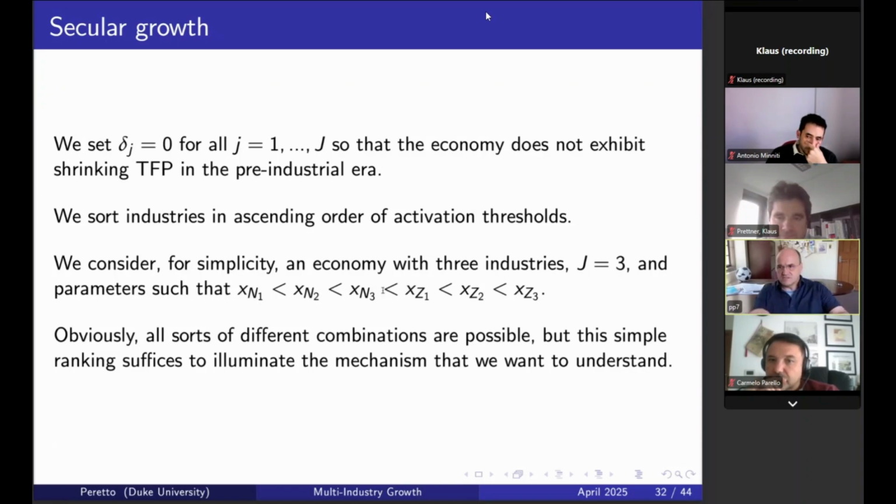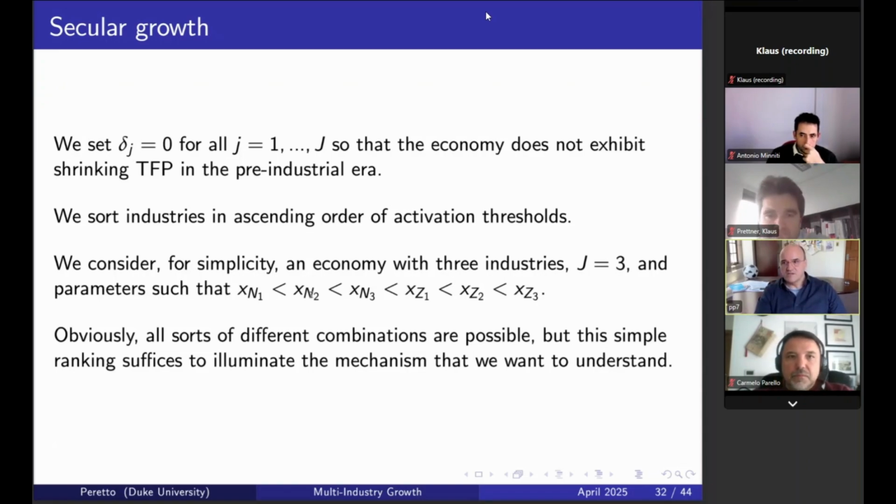Okay, I can mix things up, but let me start with the claim. Industry one has better parameters driving entry. So industry one activates entry first. Then industry two has the second best set of parameters attracting entry, so it goes second. And then industry three activates entry.